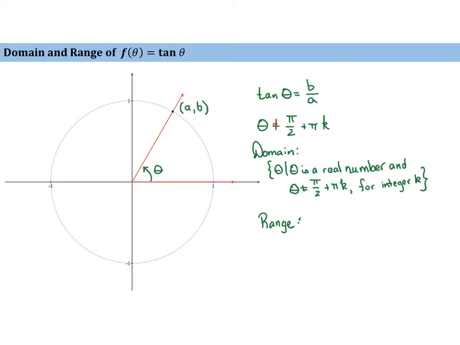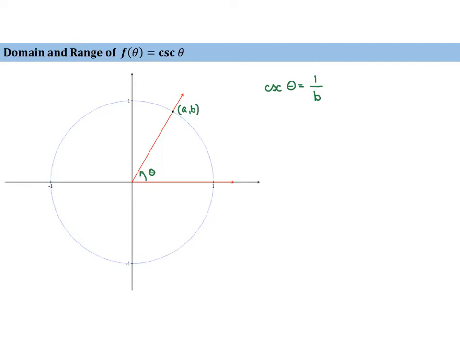And likewise, we could be down here, and A could be getting closer and closer to 0, and B could be negative, in which case we're close to negative infinity. So therefore, we can assume all values between negative infinity and infinity for the range.